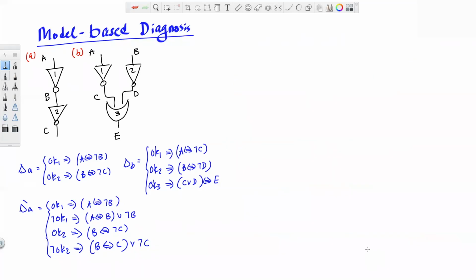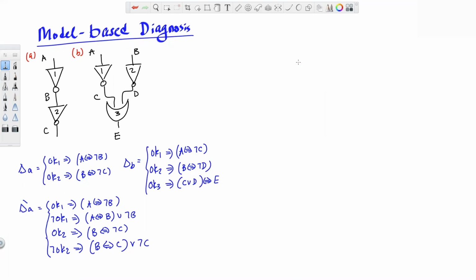The one thing I want to show you quickly, because this is pretty important, is this notion of minimum cardinality diagnosis. So minimum cardinality diagnosis is that I'm just not interested in all possible states of the system that are consistent.